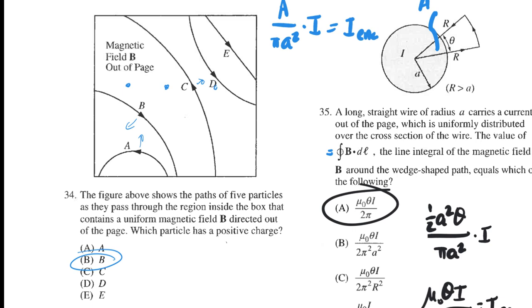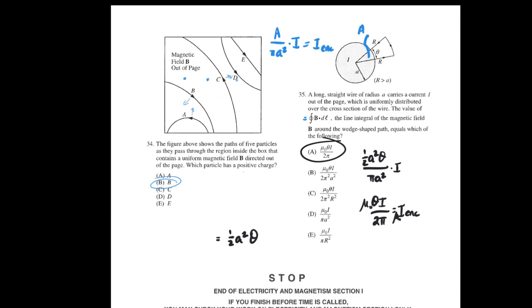Right. D is experiencing a force this way, but it's not curving that way. And E's not curving at all, so screw him. He's supposed to curve. Be like everybody else. Would that mean E is an uncharged particle? It would have to be. Could be a neutral particle. I don't know. Switzerland.